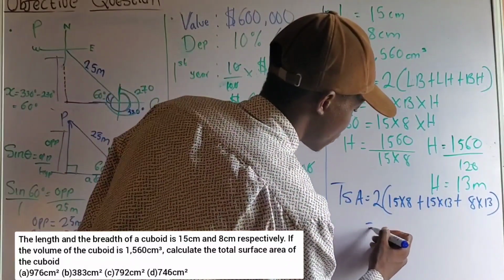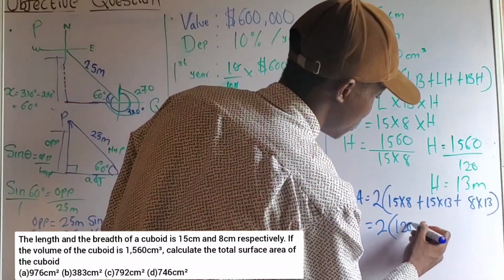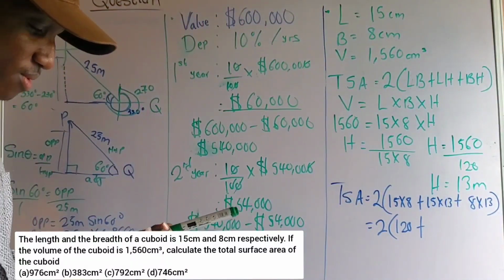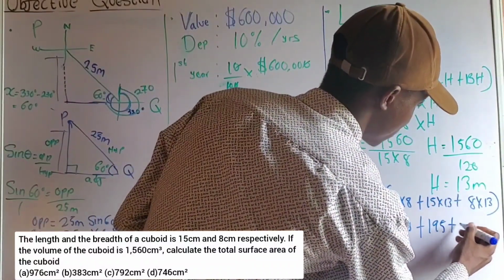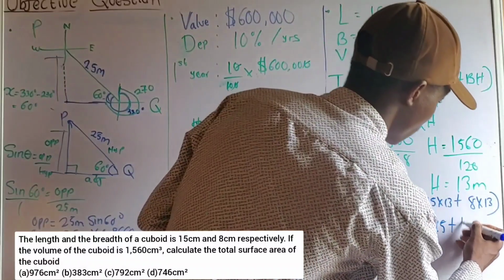Now let's go. For this, we're going to have 2 multiplied by 15 times 8, which is 120. So I'm going to have 120 plus 15 times 13, that is 195, plus 8 times 13, that is 104.